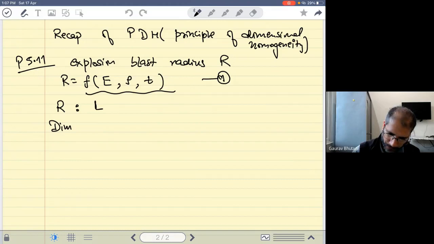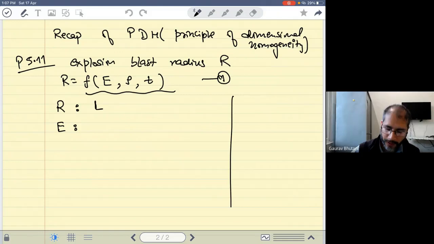First, let us write the dimensions of all the variables. For the dimension of energy, we can do some rough work here. We can write it as force times displacement, the work done, and force is mass times acceleration.